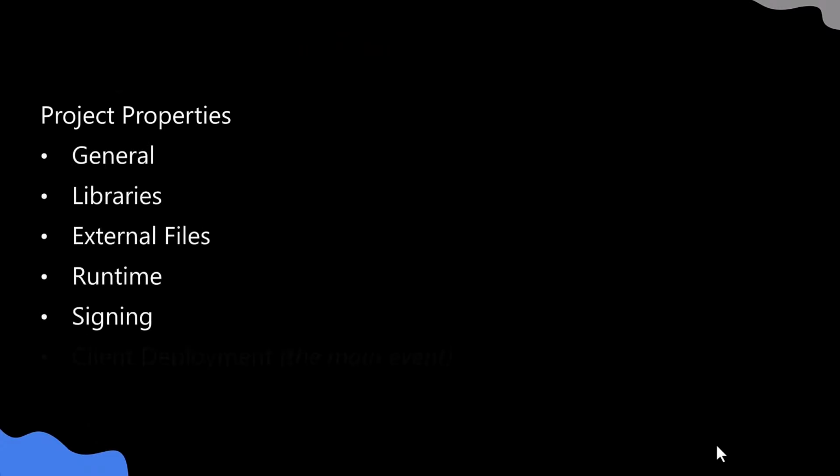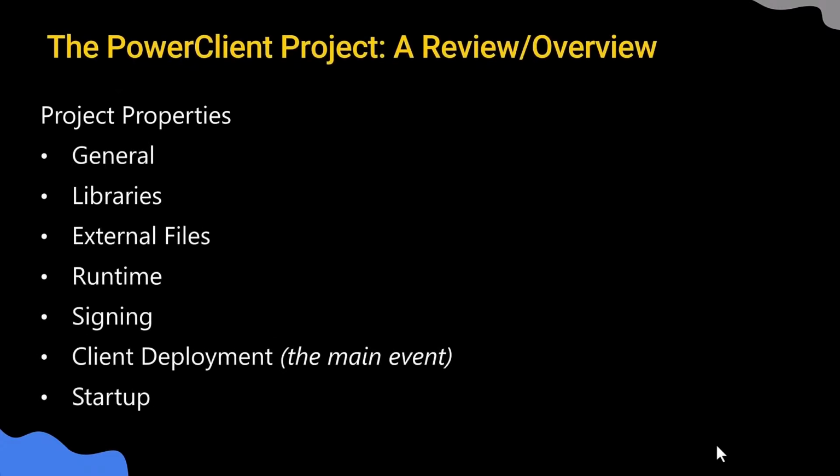So, the PowerClient project properties. Let's talk about them. We will review them during the demo, but here's the context. Let's frame it. The project properties are general, you'll be familiar with that. The libraries, you'll be familiar with that as well. There's going to be the opportunity to load in external file resources, and also identify the runtime and configure that.